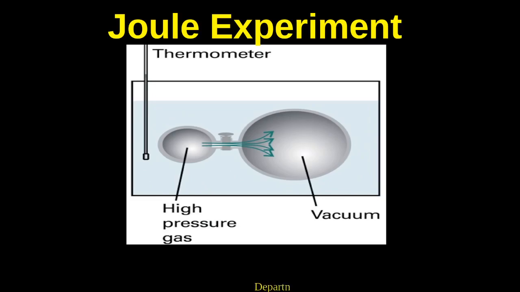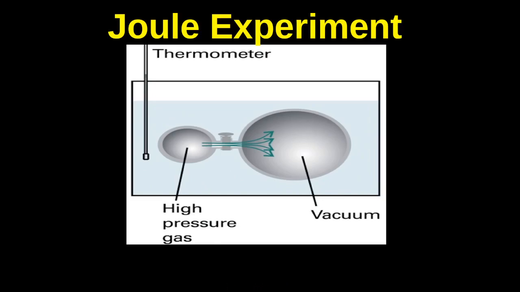This was puzzling, as work had been done by the gas in overcoming the forces of intermolecular attraction. Joule explained the drawback in his experiment by assuming that the gas expanded into vacuum, and so no cooling was observed.